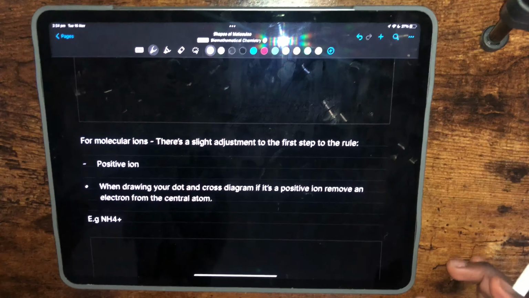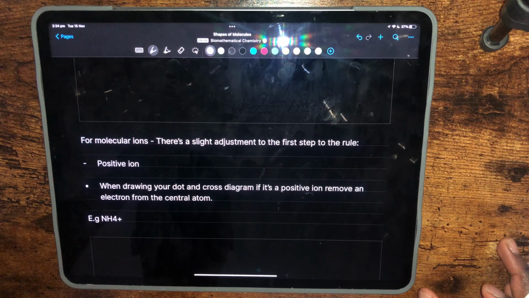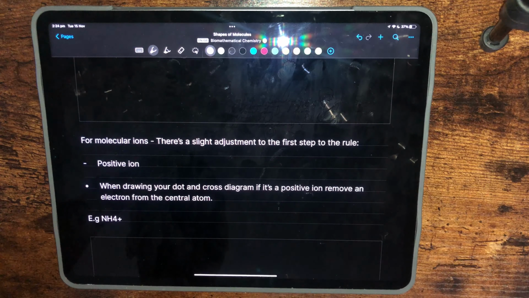That's because the electron in the central atom is either being used, taken away, or gained from another atom.